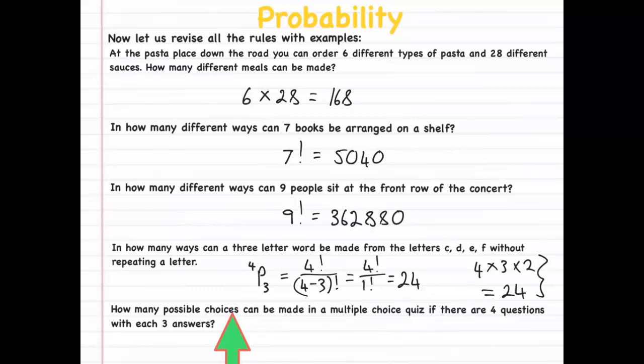And that means we simply take rule number 4, which says that we take the amount of items, which is 3 items in each group. There's 4 multiple choice questions, so 4 groups, so raise it to the power of 4, and then we are basically done. So 3 to the power of 4 is 81. Okay, and that is it. So let's go and look at some more examples.